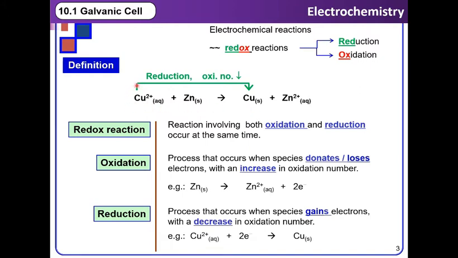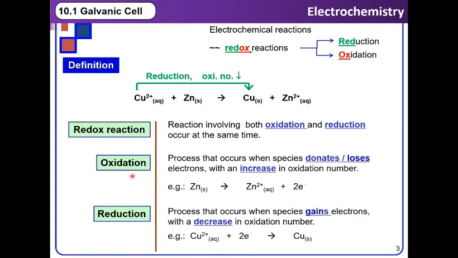So the reduction occur from copper 2 plus to copper solid. Okay, while zinc, from zinc to zinc 2 plus, the increasing of oxidation number. So increasing of oxidation number means oxidation process occur. So the redox reactions means reaction involving both oxidation and reduction occur at the same time.